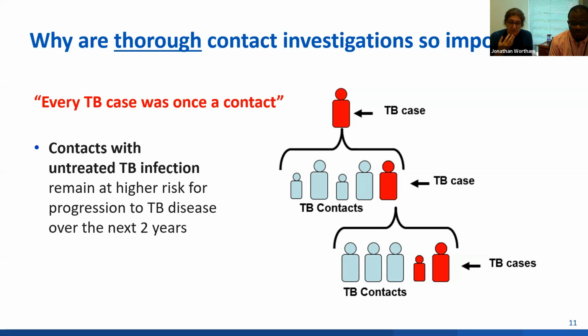But we do know that isn't a guarantee there wasn't transmission from that person. We definitely see transmission from smear negative non-cavitary cases. So that might be a situation where you might want to start out by looking at some of the closest contacts and see whether there was evidence of transmission and then make a decision based on that.